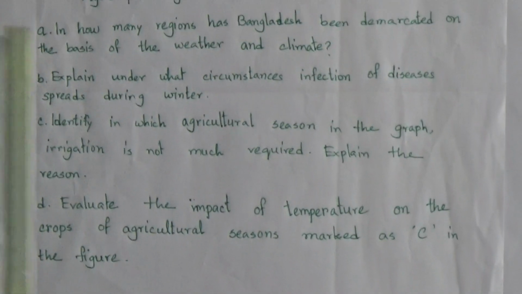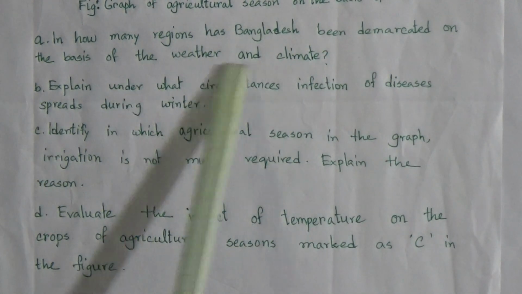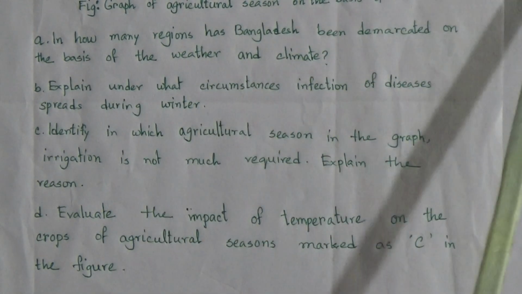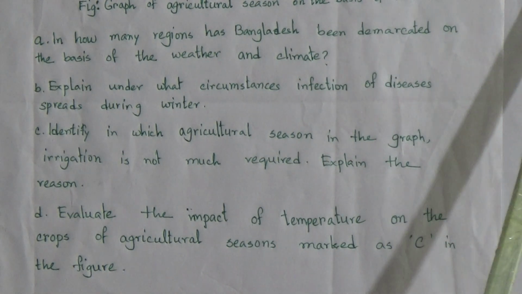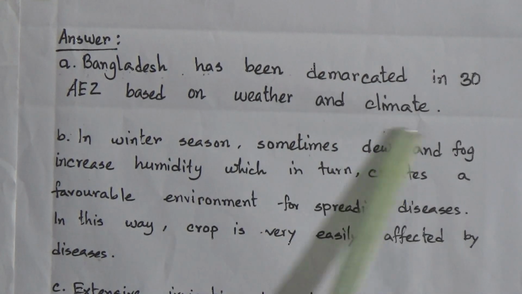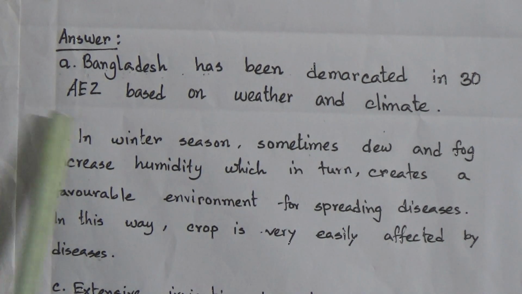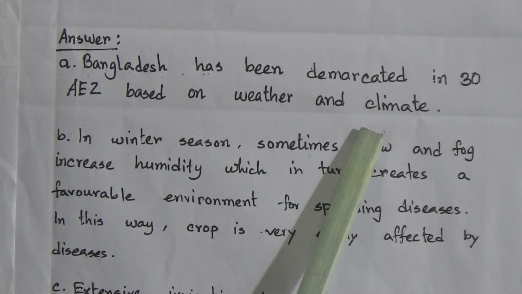Now let's discuss the answer. Number A, in how many regions has Bangladesh been demarcated on the basis of weather and climate? The answer is Bangladesh has been demarcated in 30 AEZ based on weather and climate.